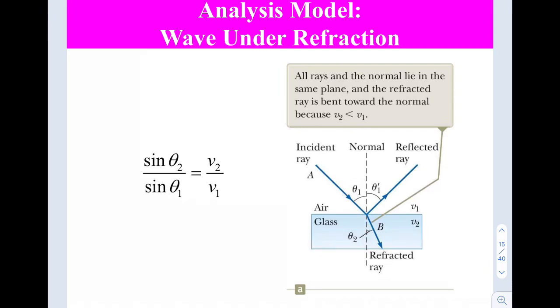As in the law of reflection, the incident angle must be equal to the reflected angle. Theta 2 here is the refracted angle. So, based on the analysis of the speed of the wave just now, sine theta 2 over sine theta 1 is equivalent to the ratio V2 over V1.